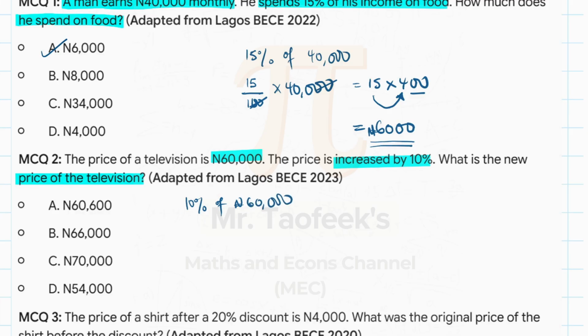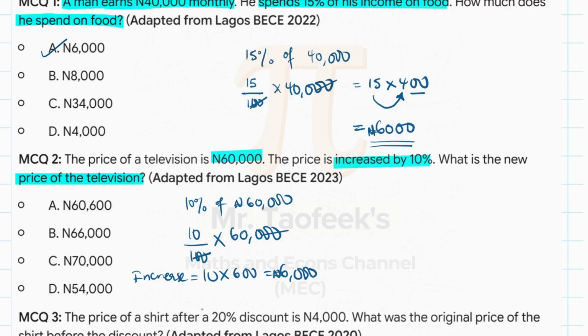60,000. To do that, all we have to do is 10 over 100 multiplied by 60,000. Just like we did earlier, the zero here cancels the two zeros there. So we are left with 10 times 600, and that is just 6,000. Now this is the value of the increase, right?